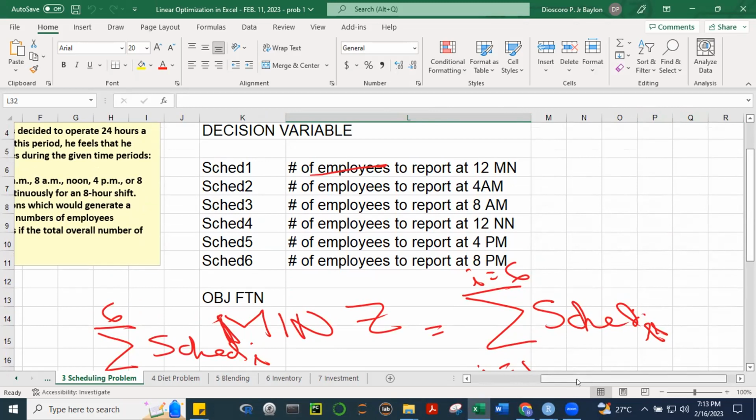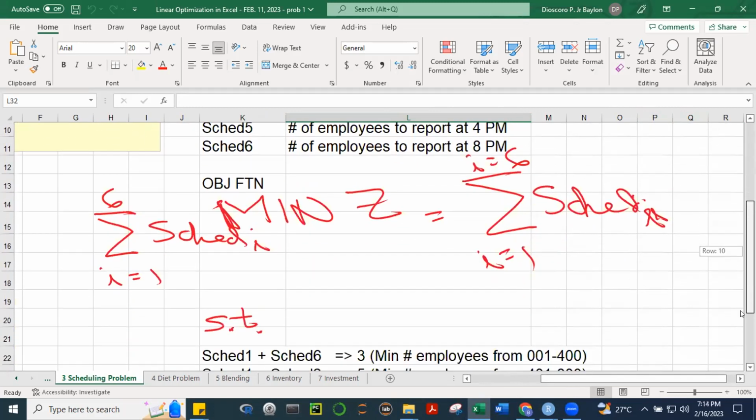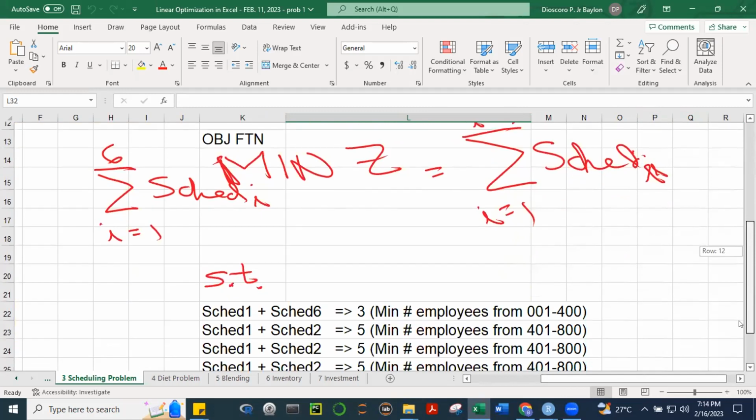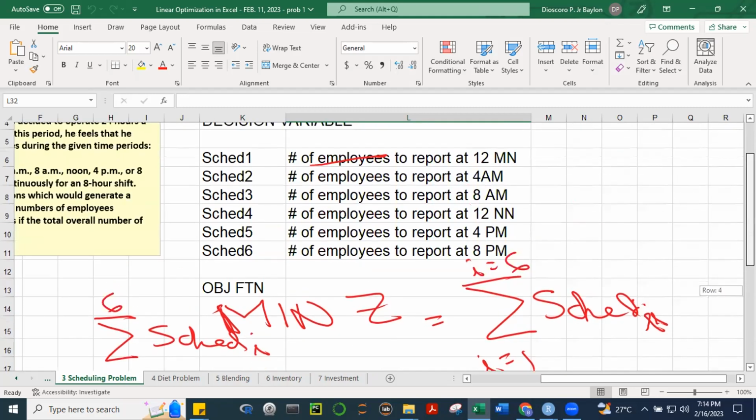Remember last time when we were trying to set up our constraints, I think we proposed multiplying, for example, 3 times Schedule 1, and we said that doing that will not result in any meaning at all.